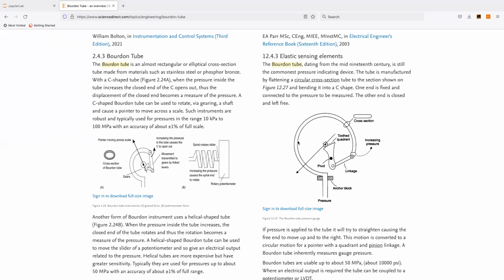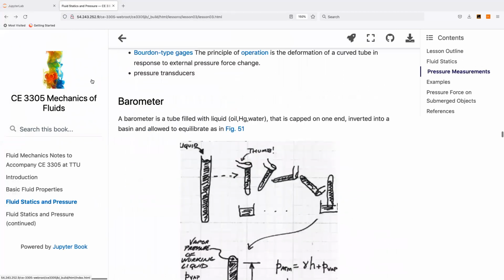It doesn't have to move much because it has all this elaborate gearing here that's represented by this wiggly thing and this little gear that they pulled off the drawing menu when they did the drawing. But the real ones are quite a bit more elaborate than that because you're dealing with very small forces, so your gears have to be very well machined for it to work, and it makes that arrow move, and then that arrow moves against the gauge. So Bourdon gauge, you will encounter them in your life if you have not already.